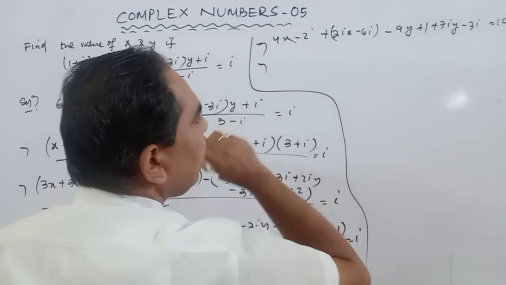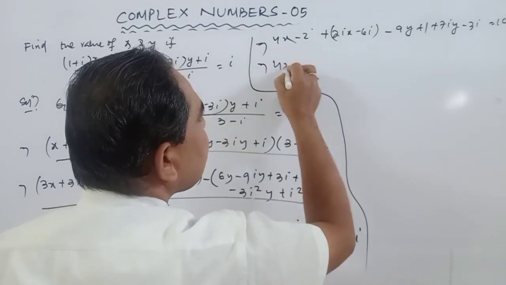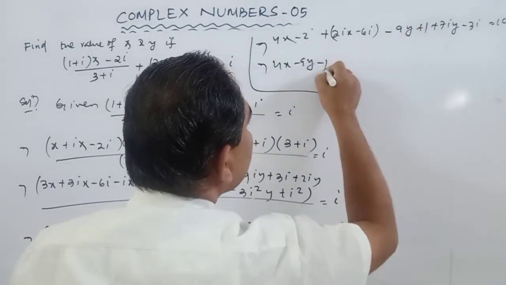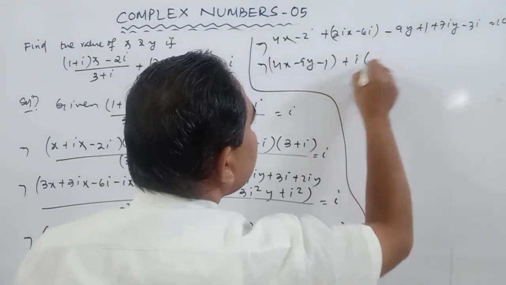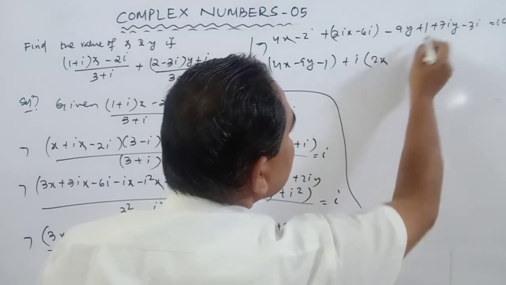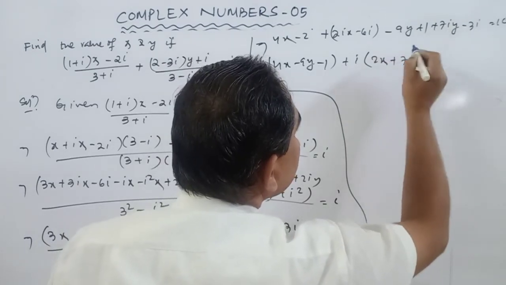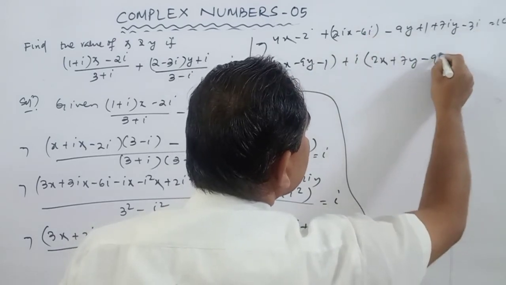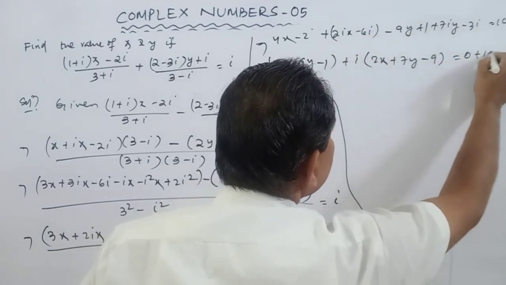Okay. So this implies 4x minus 9y minus 2 plus 1 minus 1, plus i into (2x plus 7y minus 6 minus 3, minus 9), is equal to 0 plus 10i.